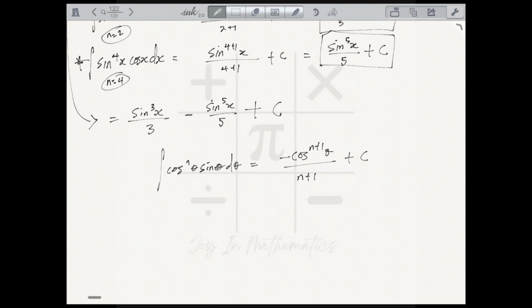And when we integrate sine n theta cos theta with respect to theta, we would have sine n plus 1 theta divided by n plus 1 plus c.